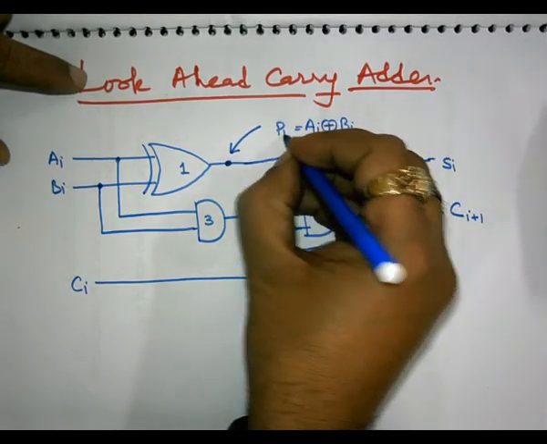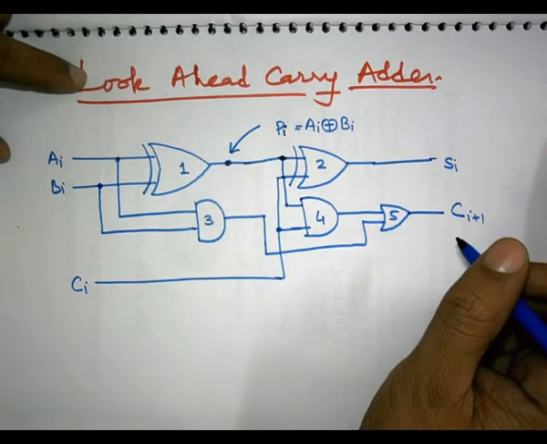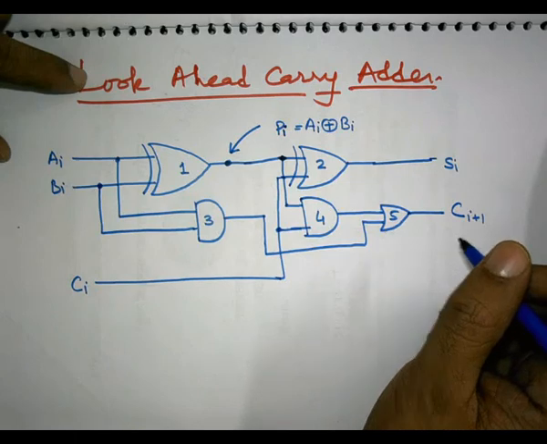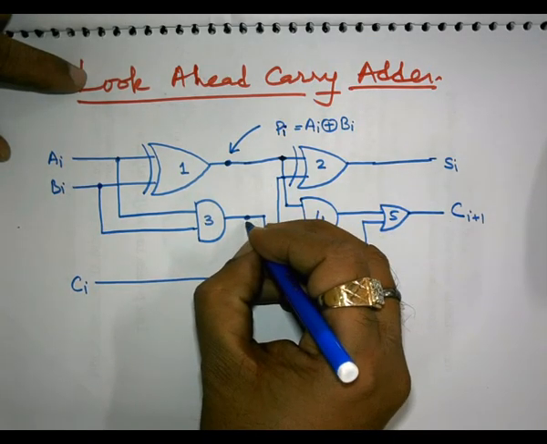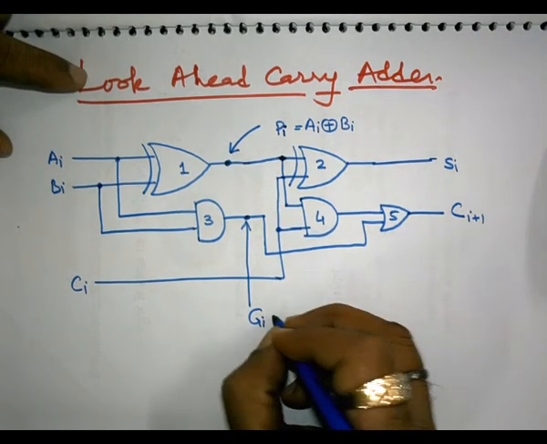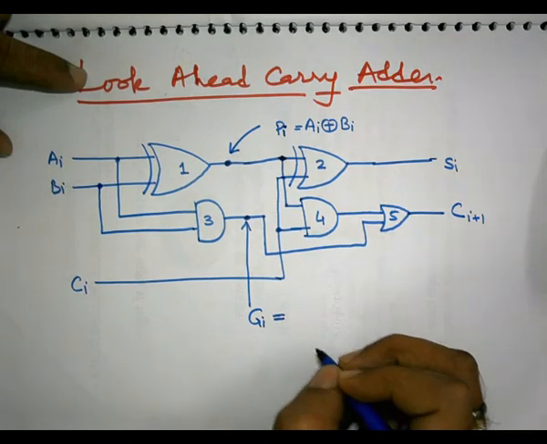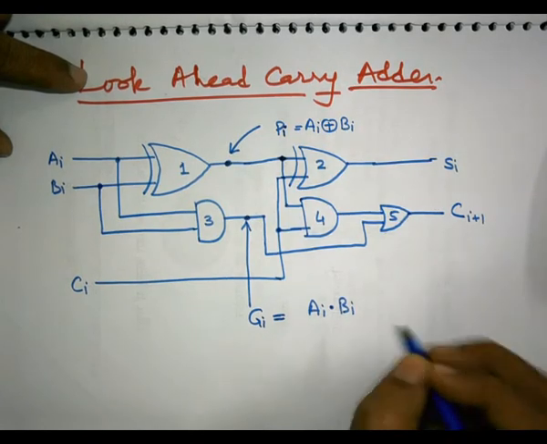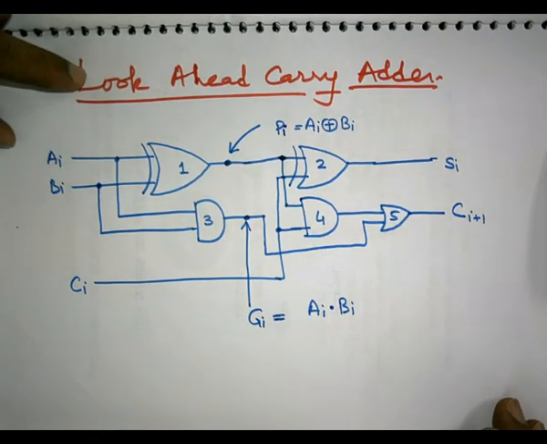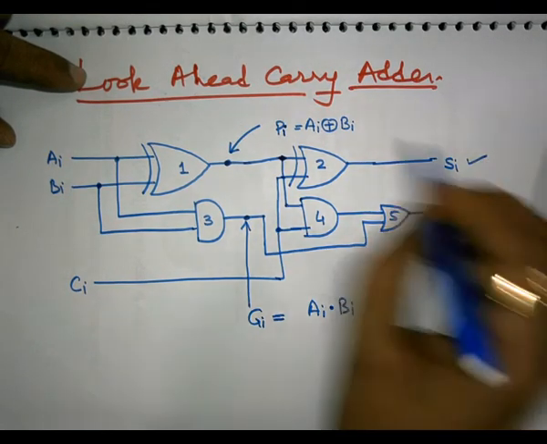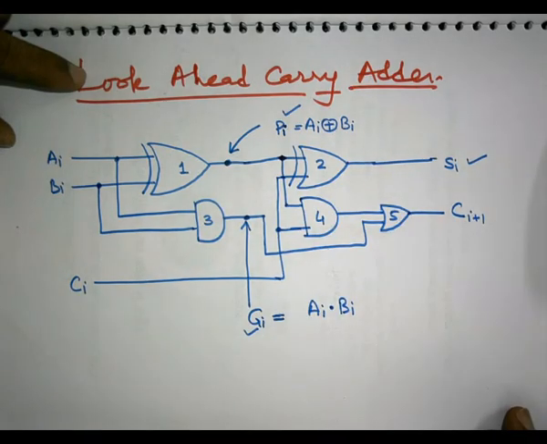And if we call this intermediate result the carry propagate at the ith position, PI, and suppose the output of gate number 3 we call GI, and this GI is AI dot BI.